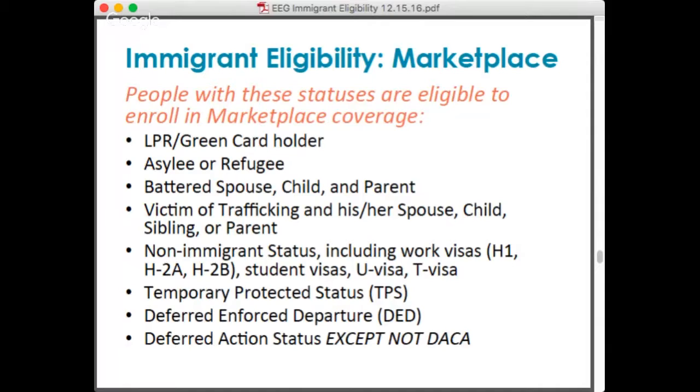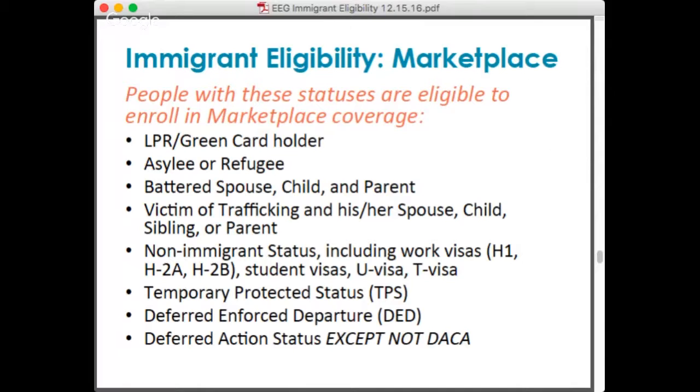Again, this is just a list of some of the statuses that might come up more regularly, but there's a fuller list on healthcare.gov. I spoke with some of the folks in our office who work in immigrant communities and asked which statuses they would see as most likely to be of concern to folks on a webinar like this, and this is what they mentioned.